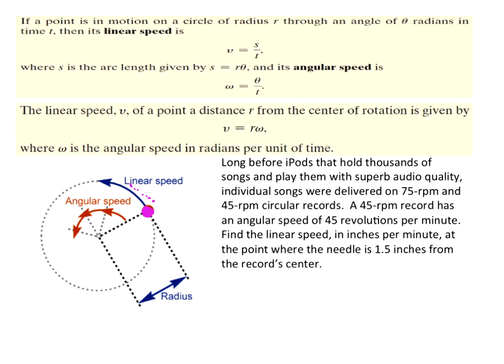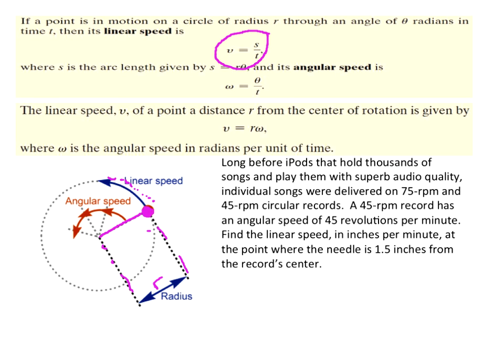This pink point is in motion along a circular path of radius r. We have our radius here, and that's r. If it moves through an angle of theta radians in time t, then its linear speed is given by this formula here.